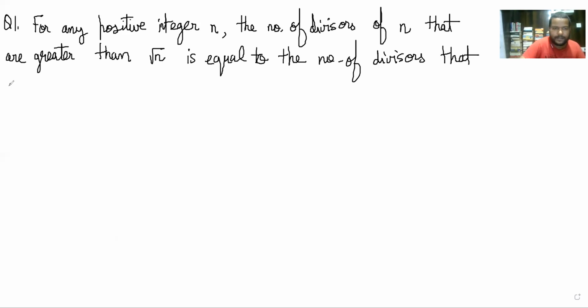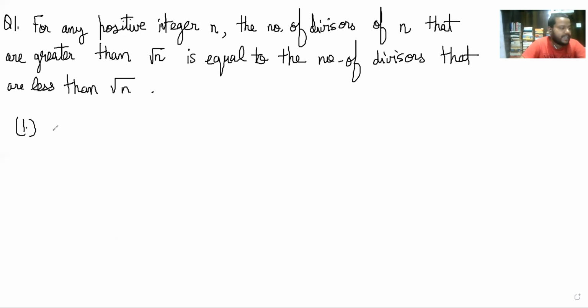So we have to prove this statement, that the number of divisors that are greater than root n is always equal to the number of divisors that are less than root n. So let's see how we will do that.